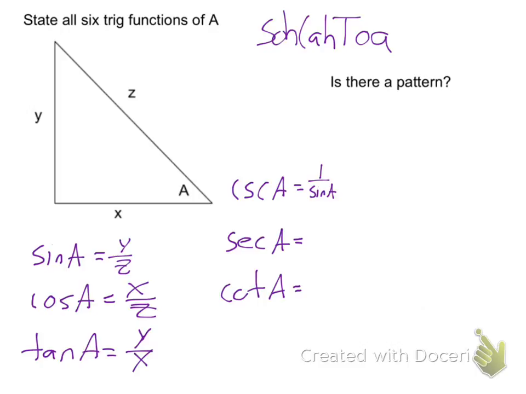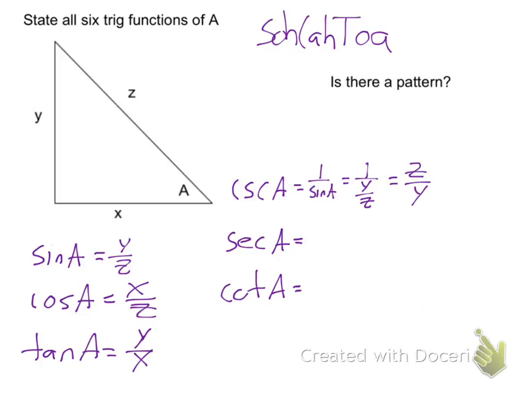Sine of A was y over z. So this becomes 1 over y over z. I don't like dividing by fractions, so I multiply by the reciprocal, or flip it. So the answer here for the cosecant of A is z over y, because when you're dividing by a fraction, we flip and multiply.